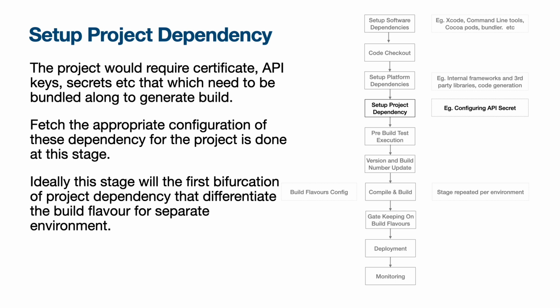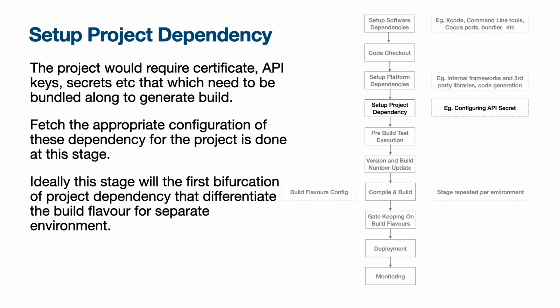Now, the two stages, setup platform dependency and setup project dependency. The question would be, why do you want two different stages? Can all these be done together? Ideally, how you implement those stages is totally a design choice based on the context of your project. But from a responsibility perspective, setup platform dependency is more towards setting up the project libraries.